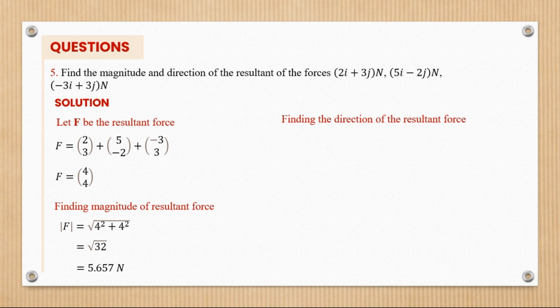Now, to find the direction of the resultant force, we're going to make use of a vector triangle. So we draw it to determine the resultant vector's direction. As you can see already, the resultant vector points in the positive direction. Remember, when we represent this on x and y axes, the 4 represents the value on the x-axis, then the other value represents the value on the y-axis, and if it was 3-dimensional, the next value would represent the z-axis.